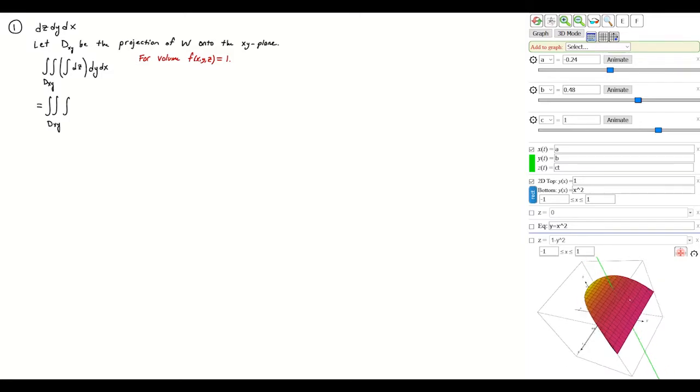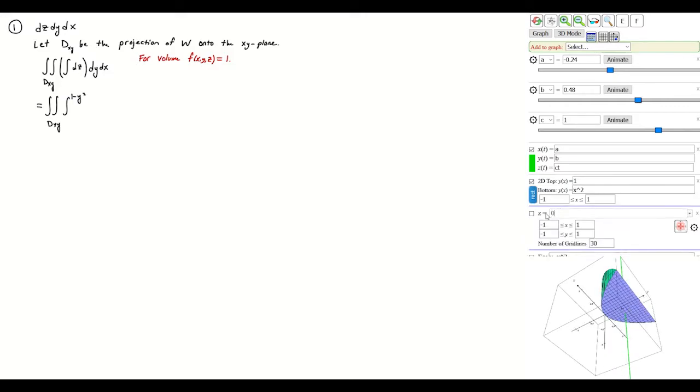So again, we'll do that in a second here. So our top surface is z equals 1 minus y squared. And our bottom surface, we argued, was the plane z equals 0. That's our bottom surface. So there we go.